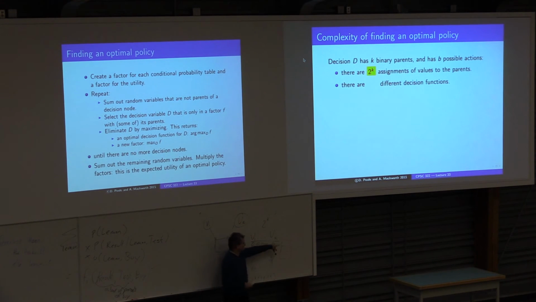We've got to give a value for this parent, and a value for this parent, all the way down to here. So how many of those are there? How many ways are there to fill in this? B. Right, this is B here.